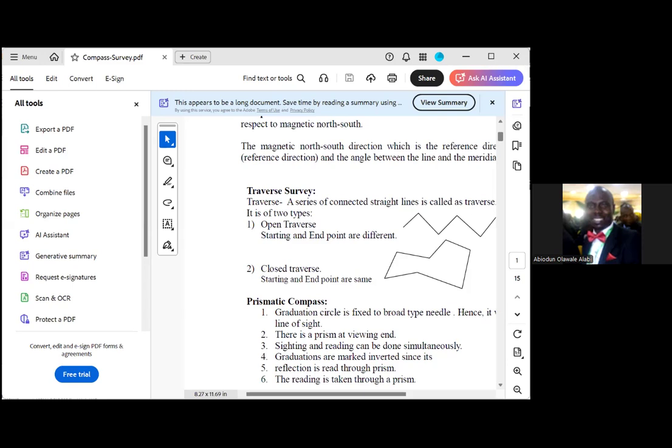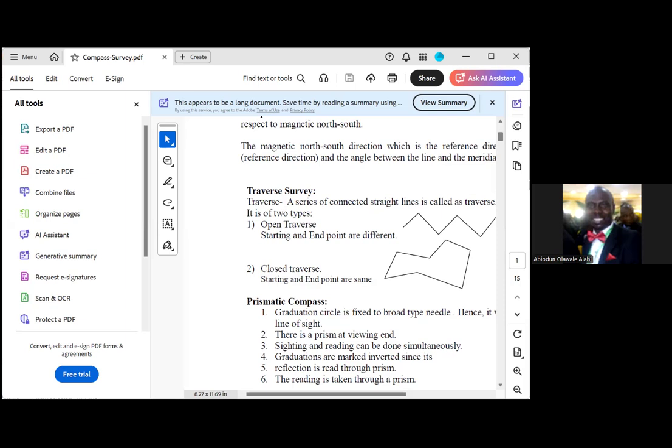Okay. Now, instruments that we use for horizontal distance measurements. What are those instruments? I think I told you that we have direct and indirect measurements, especially when it comes to these distance measurements. The instrument that is common is the tape. You draw your tape, you take your horizontal distance, or you use your chain.